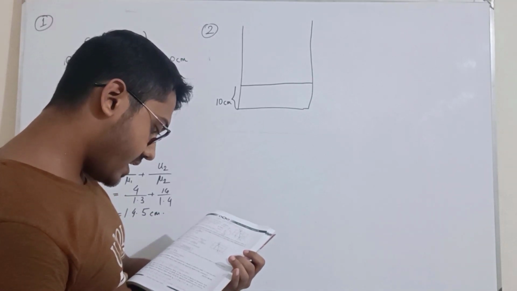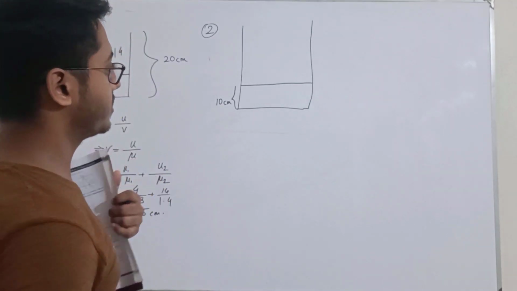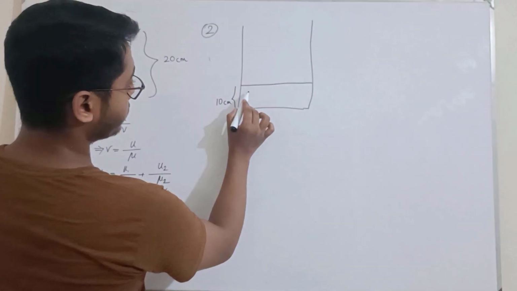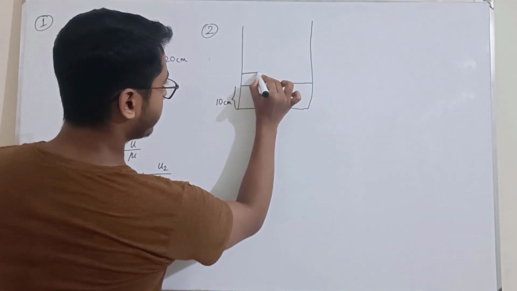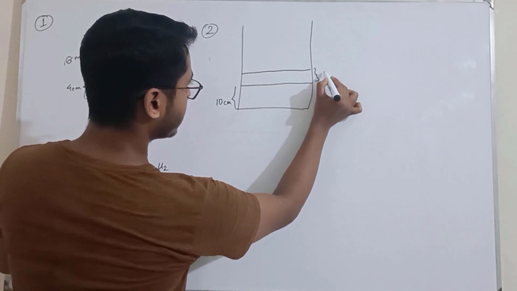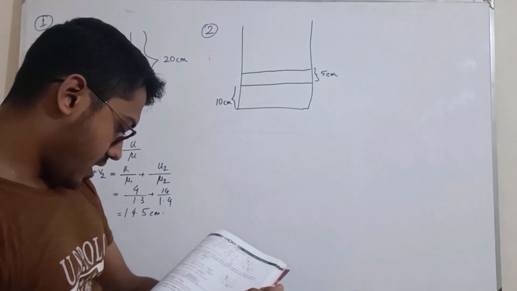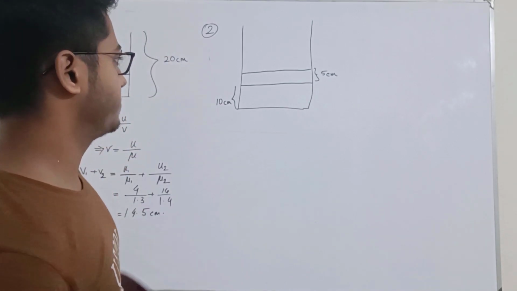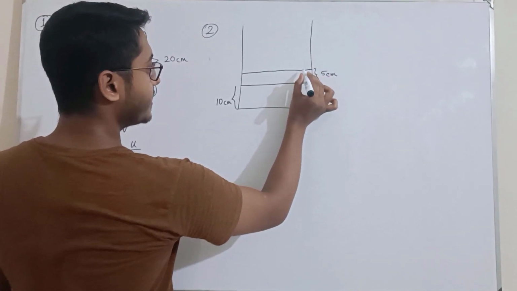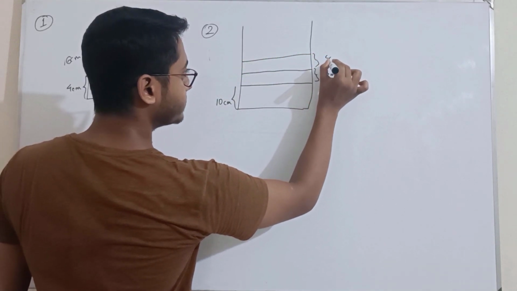It has a layer of liquid of thickness 5 centimeter above it. It means that above this 10 centimeter thick plate there is another liquid of 5 centimeter, and above that there is a layer of water of depth 4 centimeter.